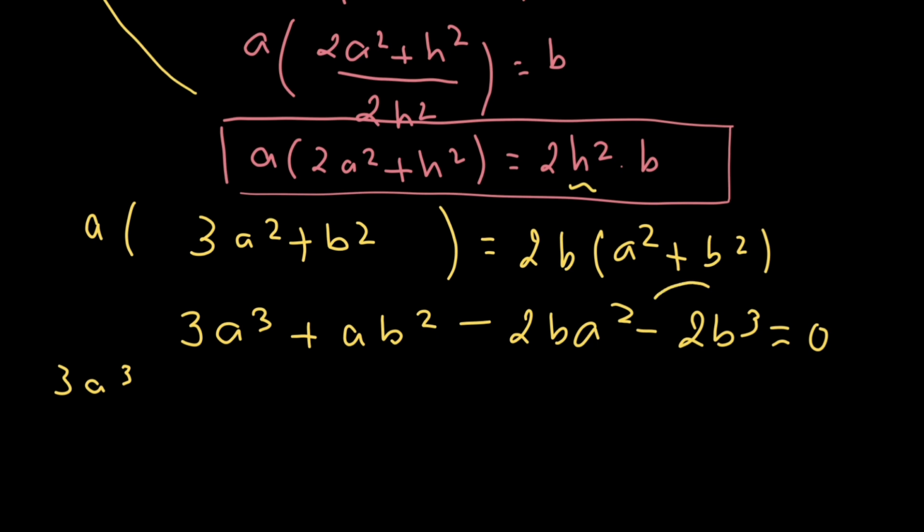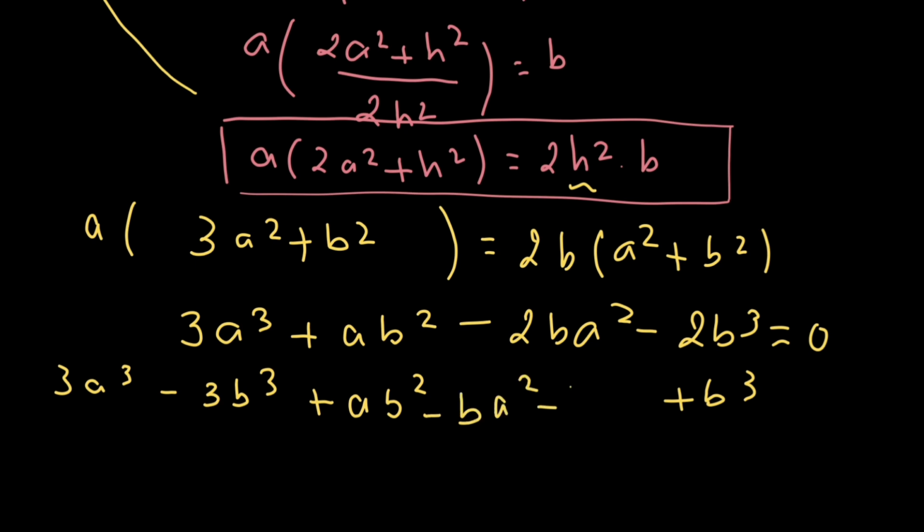Now instead of negative 2b cube, I will split it as negative 3b cube and plus b cube. You can see that simplifying both will give me negative 2b cube. No change. Plus ab square as it is. Now instead of negative 2 times ba square, I will write it as negative ba square, and this thing is equal to 0.